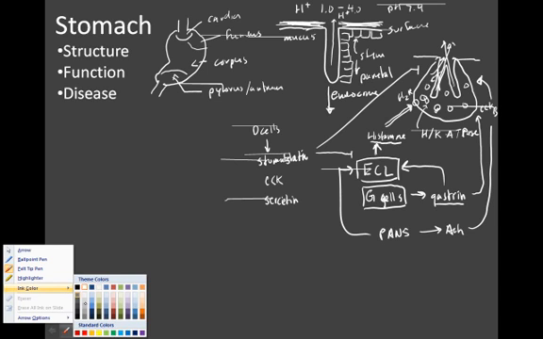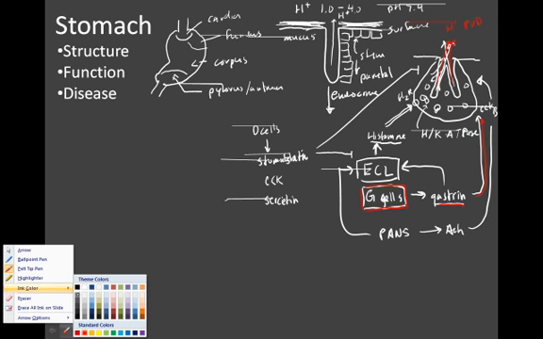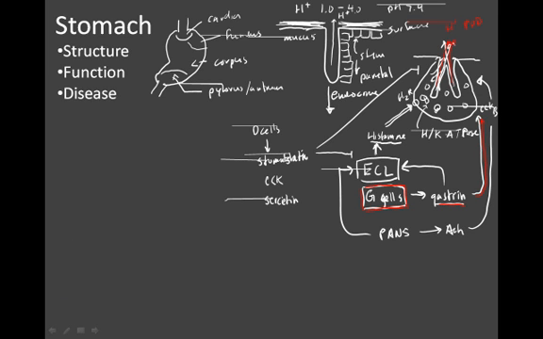You can have an effect called Zollinger-Ellison syndrome, in which there are too many G cells, or hyperplasia, just too many cells, which causes too much gastrin, which causes too much proton secretion, and can cause dysregulation in the stomach and cause peptic ulcer disease. We'll talk more about that after describing a couple of the major diseases or symptoms that can occur with dysregulation of the stomach.